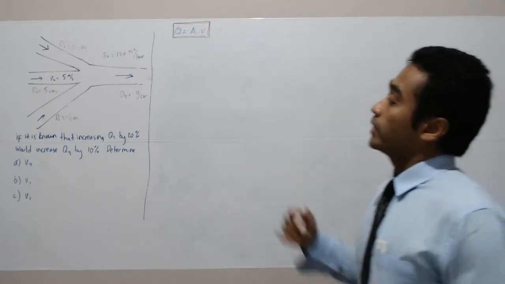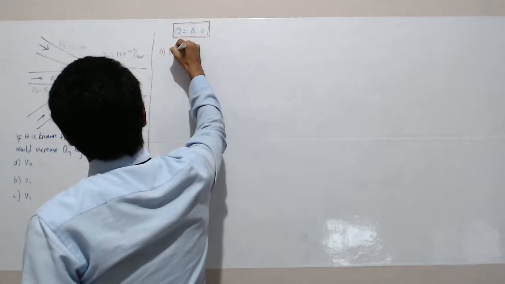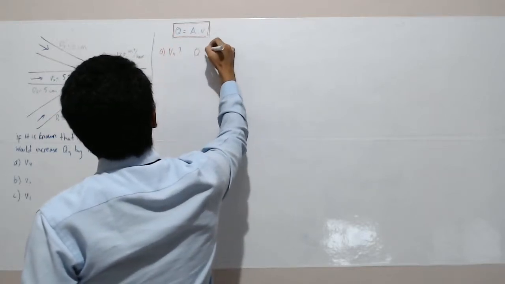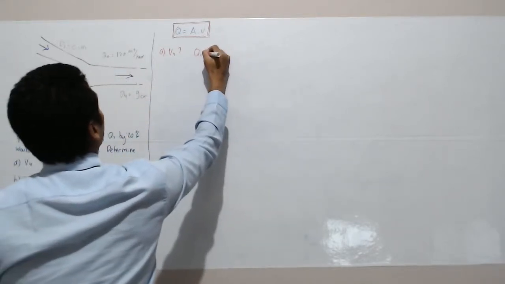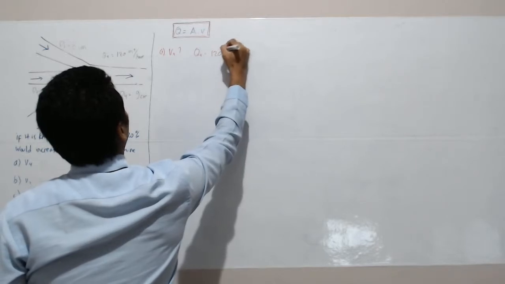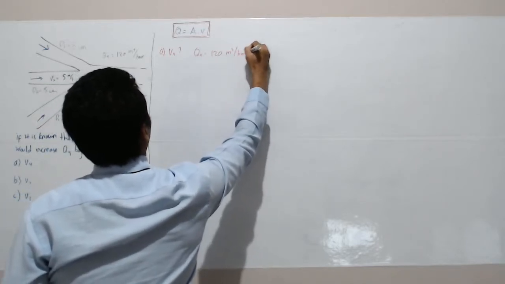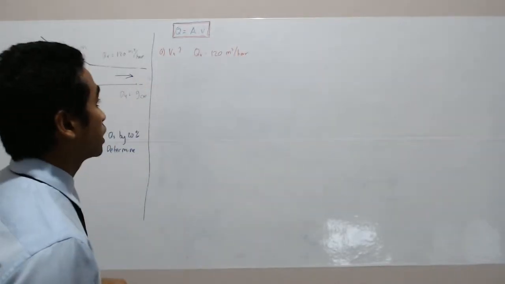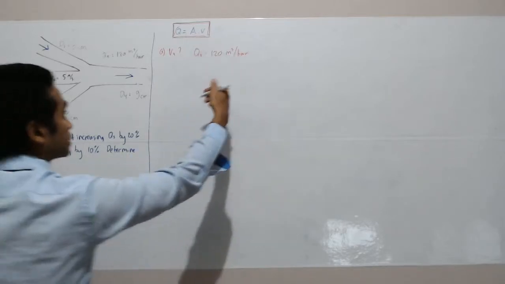We know that the volumetric flow rate of the fourth pipe is 120 cubic meters per hour. Now before we calculate the velocity, we need to convert the units into the international system.